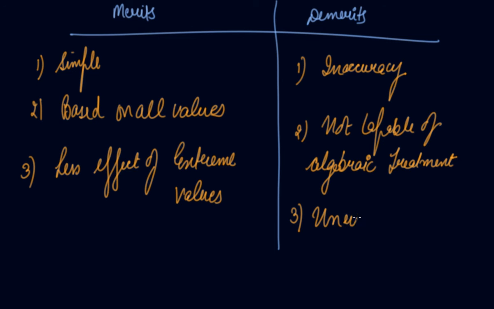Unreliable: in case deviations are taken from mode and mode being uncertain, mean deviation also becomes uncertain and therefore unreliable. So I've told you we generally calculate the mean deviation using median or mean.